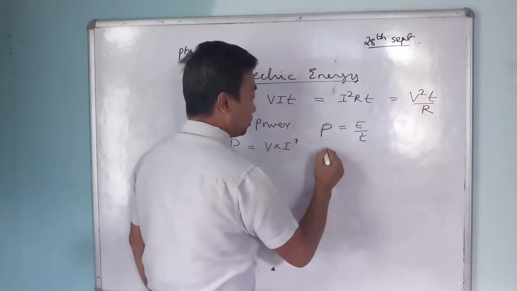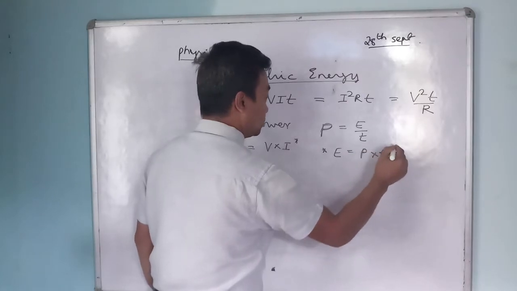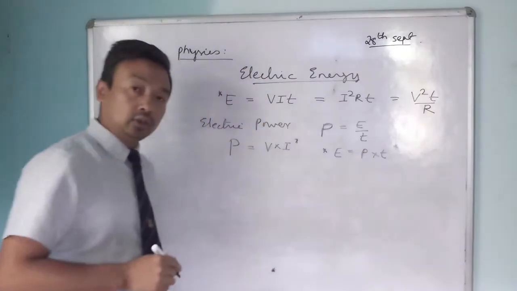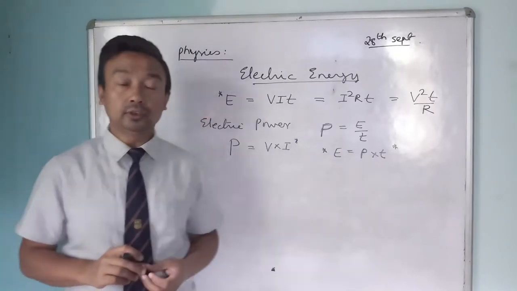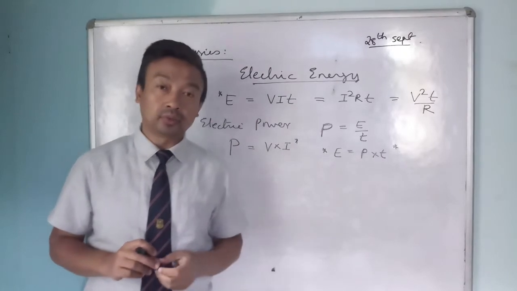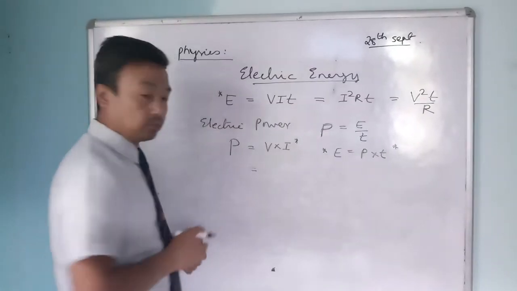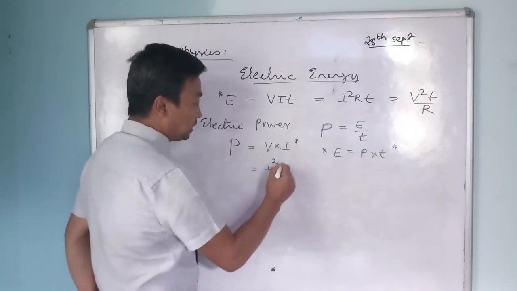So from here we can also find that energy will be power into time. This formula can be used when we have to find the commercial unit of the electrical energy that is consumed by the electrical appliances. Similarly, we have other formulas also for the power, that is I squared into R.